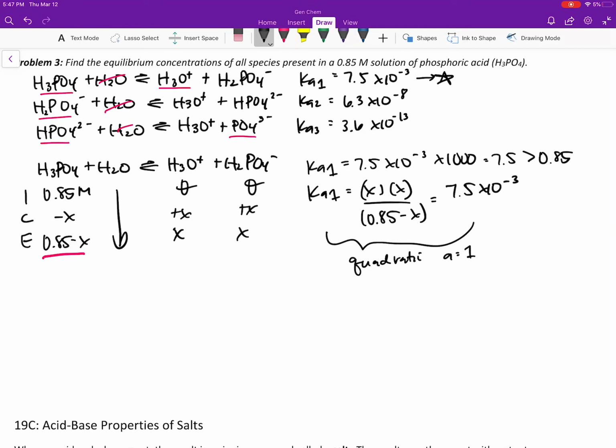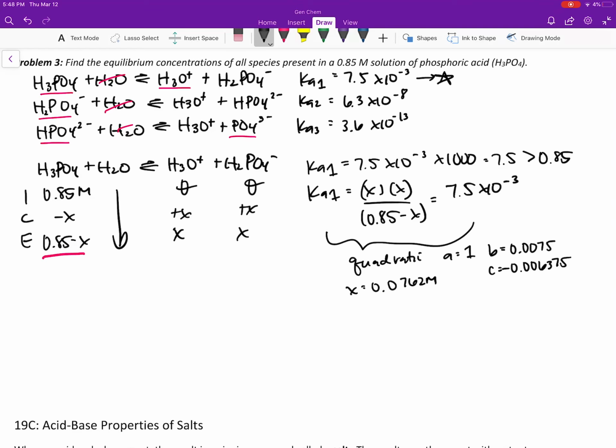So my A came out to be 1. My B came out to be 0.0075, and my C came out to be negative 0.006375. Once you do the quadratic, the value that you get is 0.076 molar. So every x is equal to that.